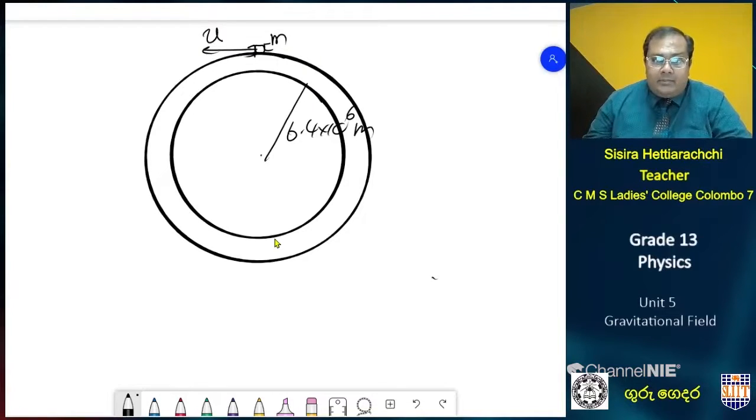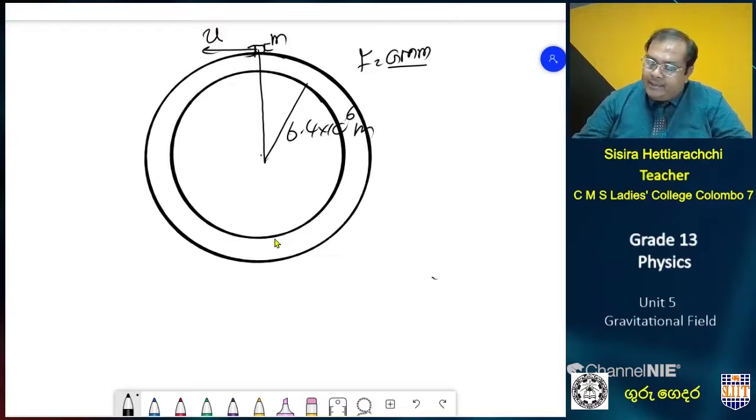Again, the same equation you can apply. F equals G M m over R squared, with separation approximately 6.4 × 10^6. And now I'm going to take m v squared over R because I want to find the velocity. You can see mass is getting cancelled.